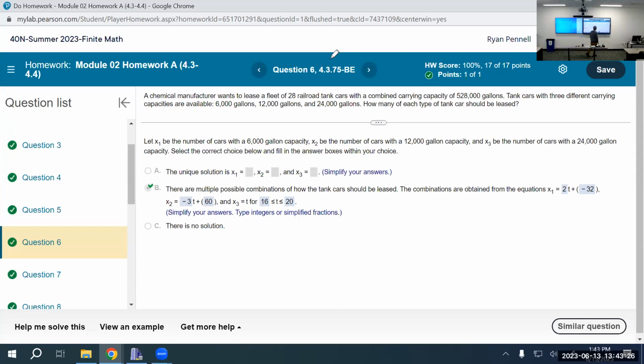The tank cars with 3 different carry capacities are available: 6,000 gallons, 12,000 gallons, 24,000 gallons. How many of each type of tank car should be leased? Let X1 be the number with 6,000, X2 be 12,000, and X3 be 24,000. Select the correct choice below and fill in the answer boxes with your choice.